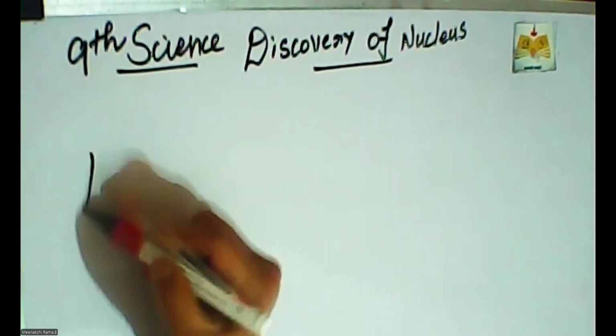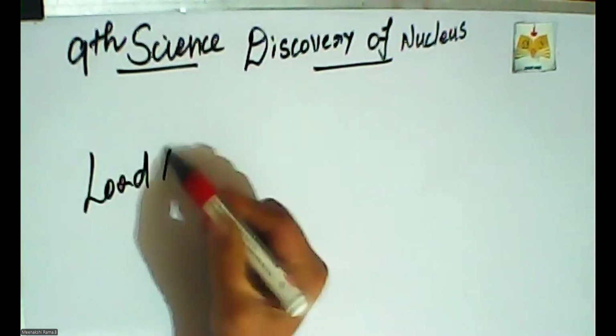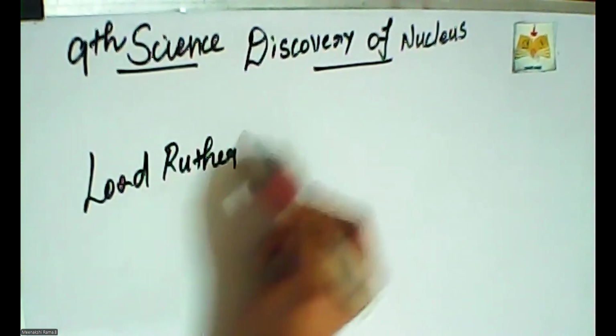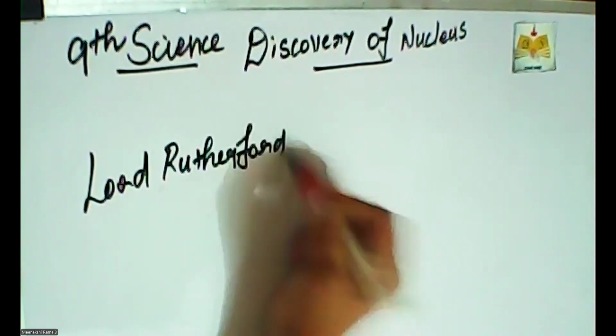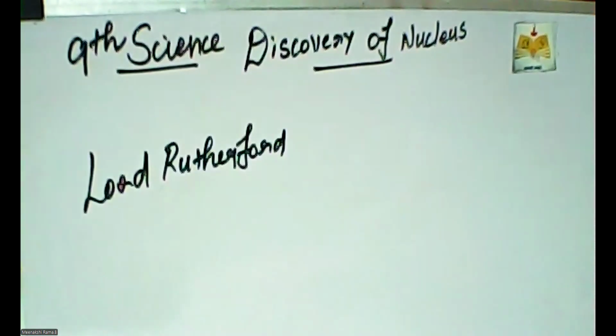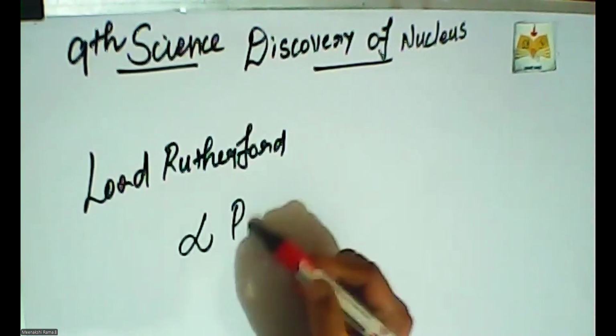Lord Rutherford, this is the scientist's name, from New Zealand. He did one experiment regarding the atom: the bombarding of thin gold foil with very small positively charged particles, which are called alpha particles.